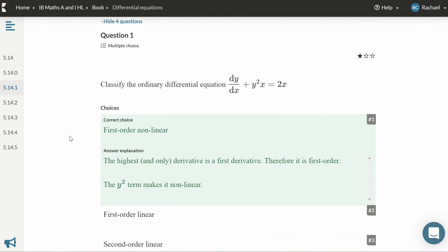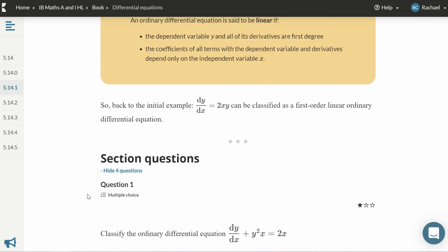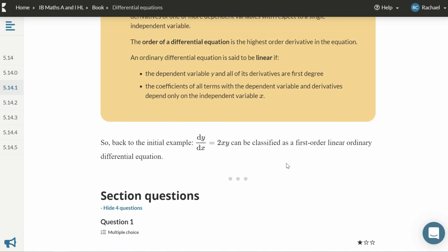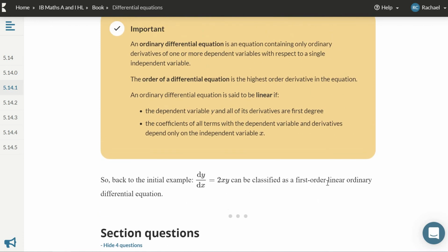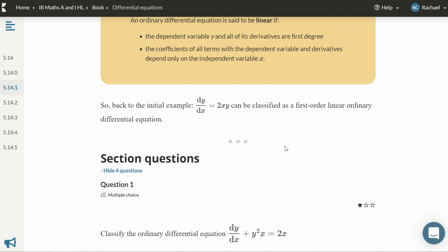So here, they want to classify the ordinary differential equation, right? And the way you classify these is you figure out the order, and then figure out whether it's linear or non-linear.